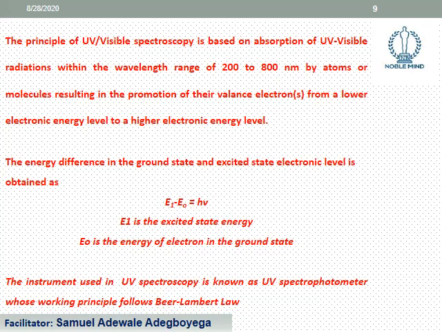We were shown the formula relating energy, Planck's constant, and frequency in the previous slide, so the formula that relates the lower energy and higher energy is given here. The instrument used for UV visible spectroscopy is known as the UV visible spectrophotometer, and the working principle follows Beer-Lambert's law.